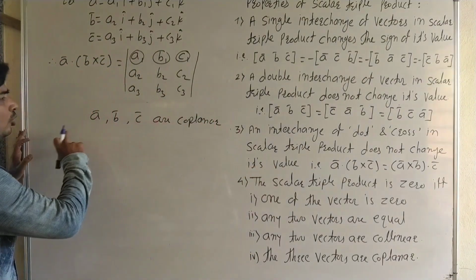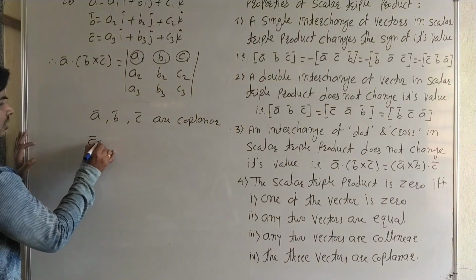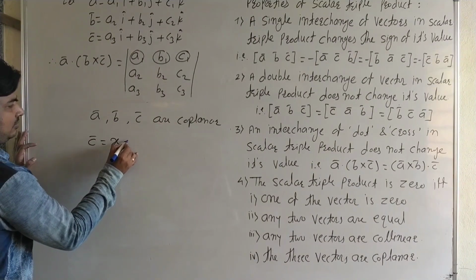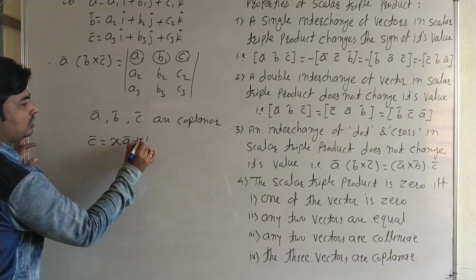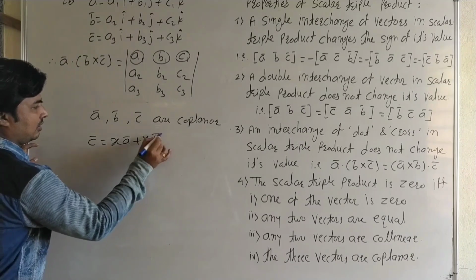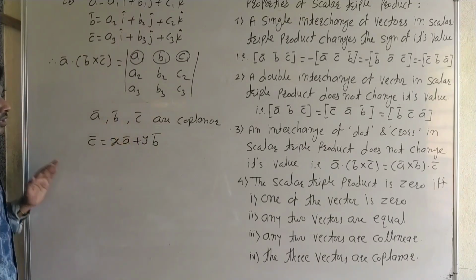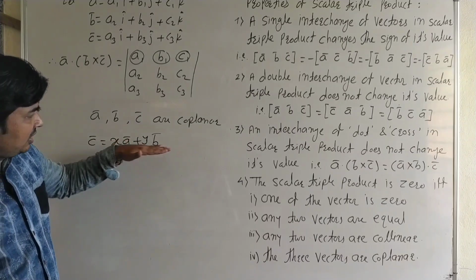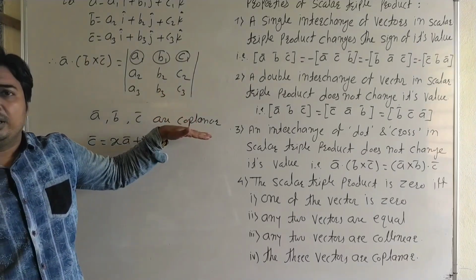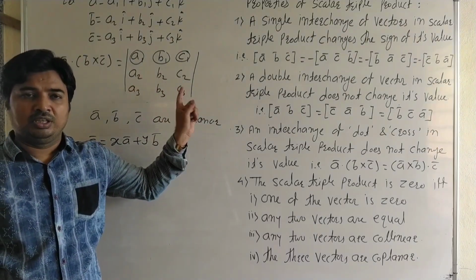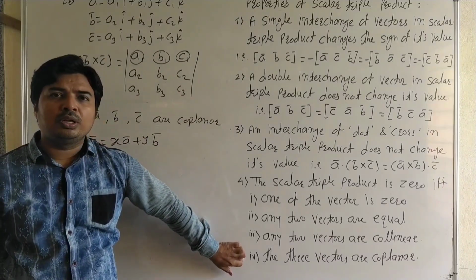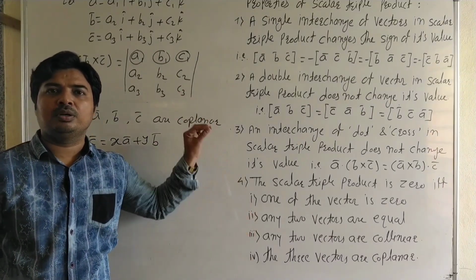If three vectors are coplanar, it means one vector is a linear combination of the other two vectors. We already discussed the condition of coplanarity by using the linear combination. Here we use the condition of coplanarity by using the scalar triple product.